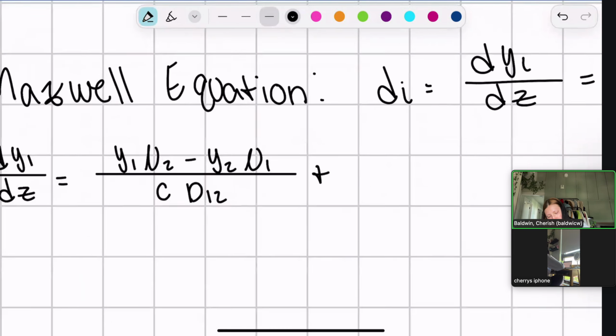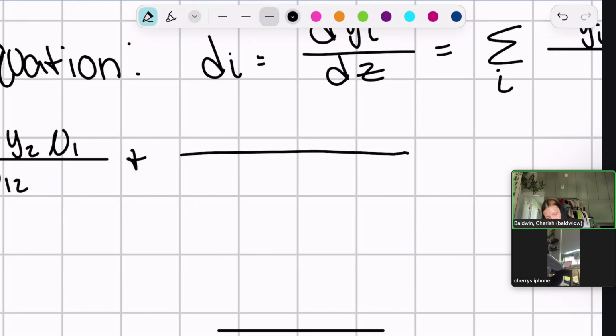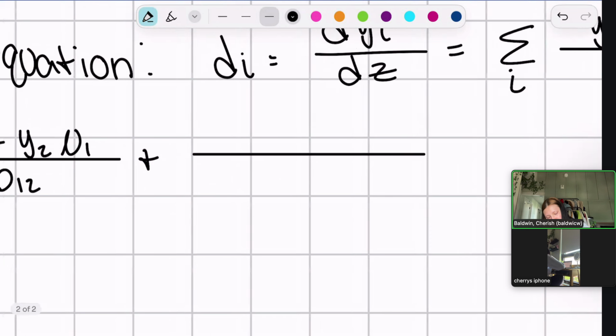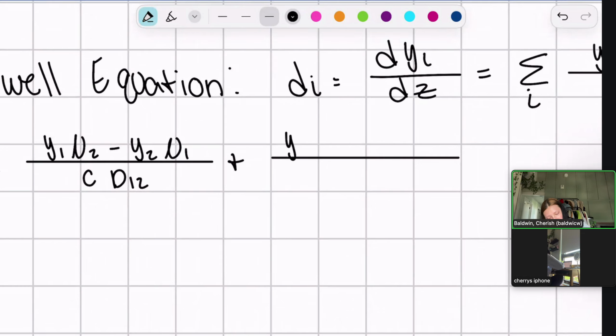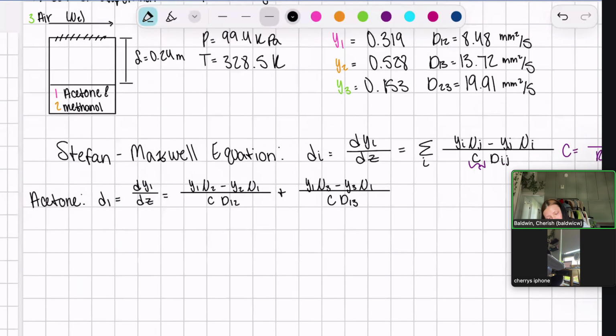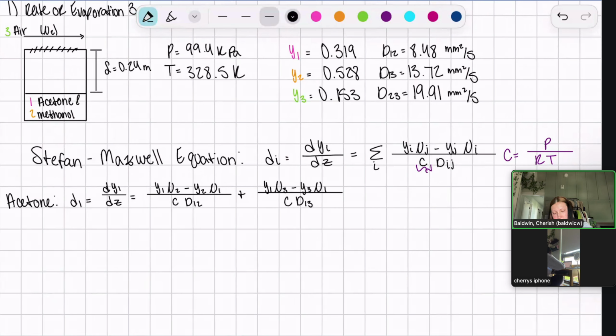So now we're going to add the mole fraction of acetone times the molar flux of air minus the mole fraction of air times the molar flux of acetone, over the concentration times the diffusion coefficient of acetone to air.